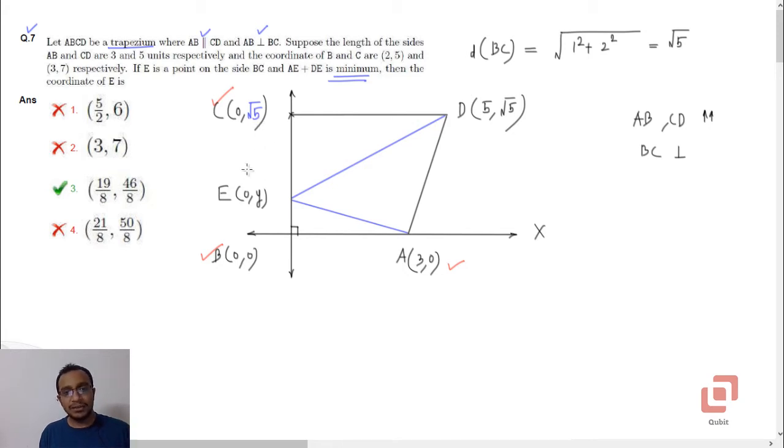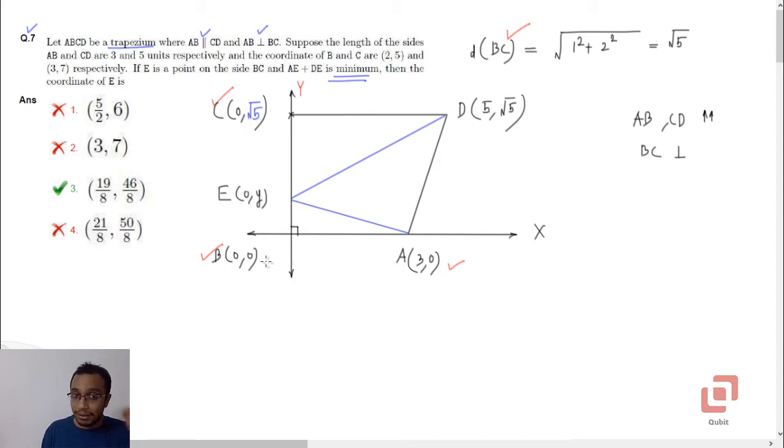Now, can we compute the distance between points B and C from the given coordinates? Of course we can. I have computed it here by using the distance formula. It has turned out to be root 5. So automatically the y coordinate of C will become root 5, because it lies on the y axis that we have chosen, and its x coordinate will automatically be 0.